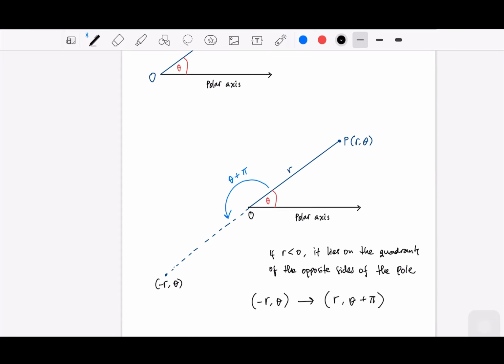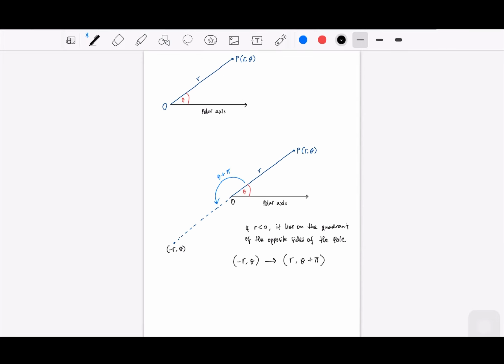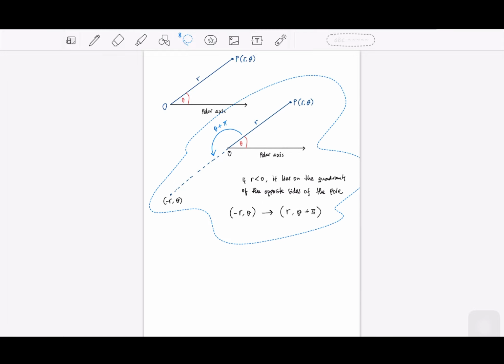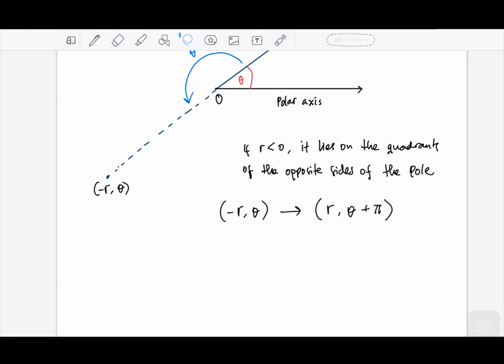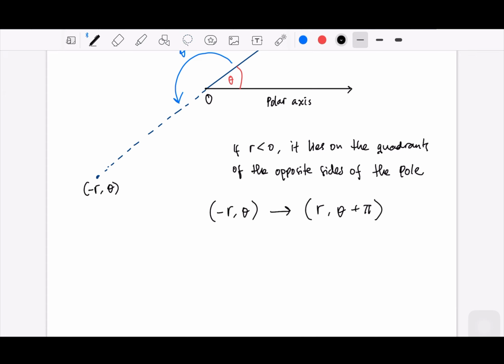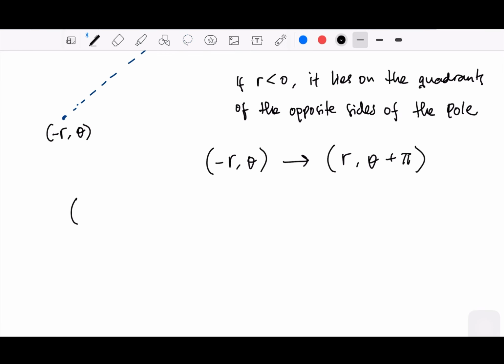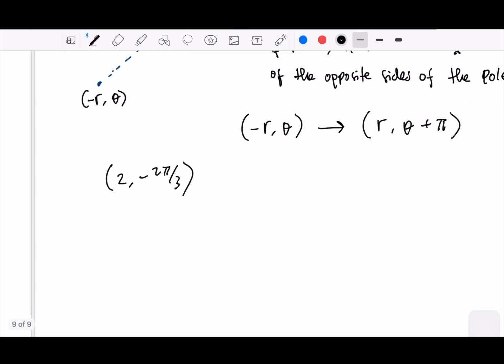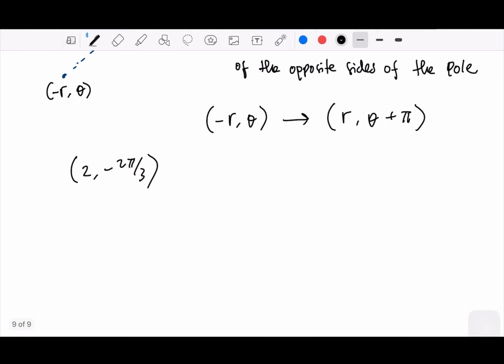Okay, let me just give you an example. If we have negative 2 pi over 3, the radius is positive, but the angle is negative, so it's going to go clockwise, right?